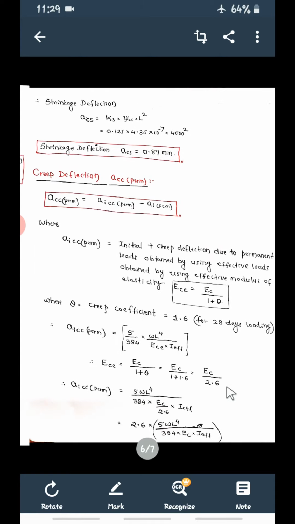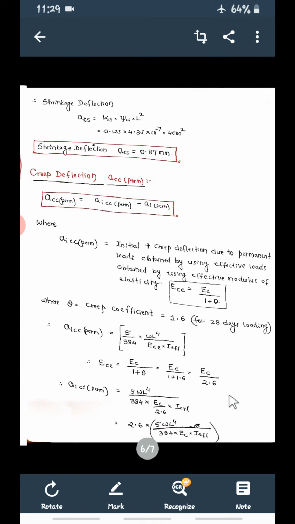So this AICC permanent is equal to 2.6 into short term deflection, that is 2.6 into 1.39, already calculated. So this will be 3.614 mm.